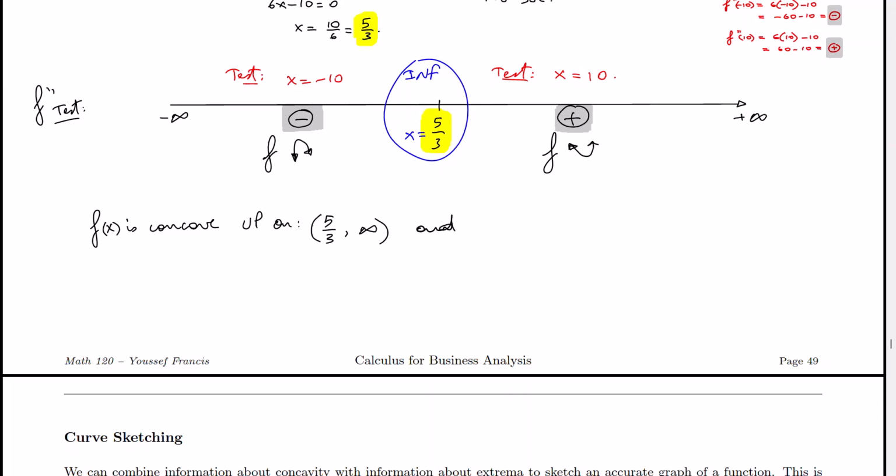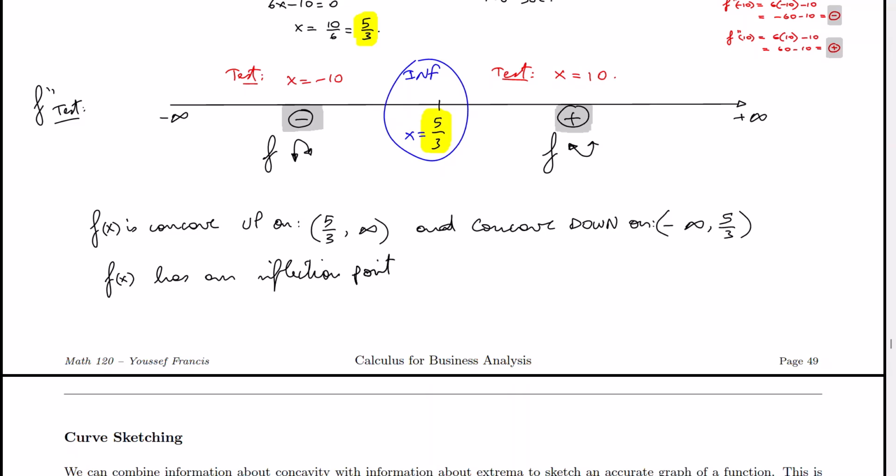And the function is concave down on the other interval from -infinity all the way to 5/3. And we only have one single inflection point, so we're going to say that f of x has an inflection point at the place where x is equal to 5/3.